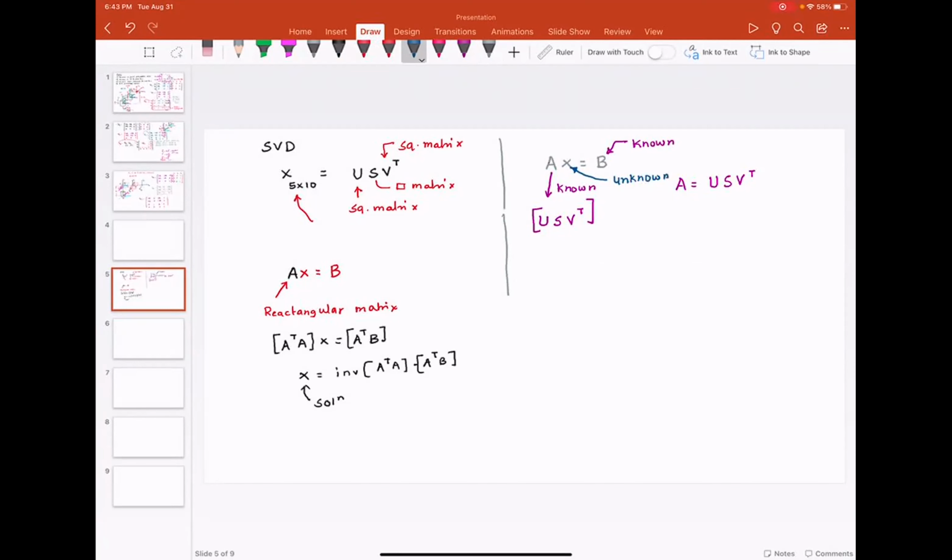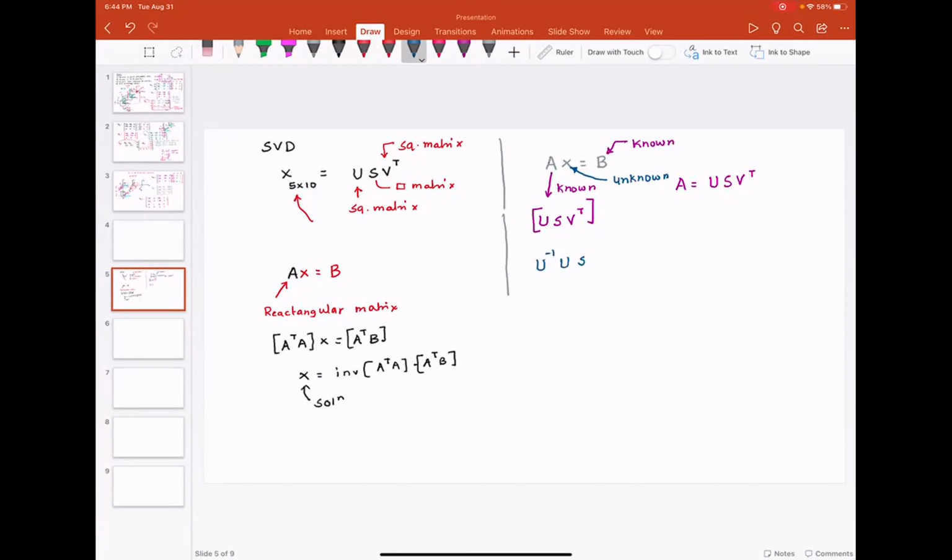But since U and V are both square, and I want you to see this, the dimensions will work out very nicely. So what I can do is find the inverse of U first.